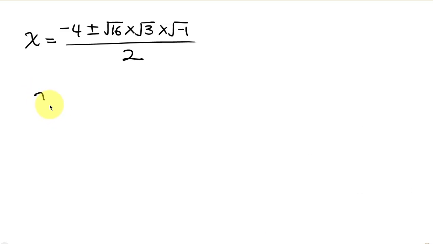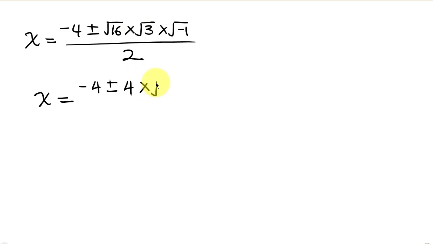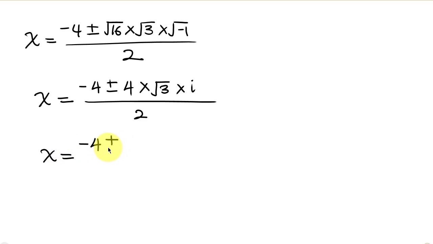So this becomes x equal to negative 4 plus or minus the square root of 16 is 4 times the square root of 3 and then times the square root of negative 1 is iota. So I'm going to be putting i there all over 2. So this becomes x equal to negative 4 plus or minus 4 times the square root of 3 times iota will give you 4 root 3i. Very good. All over 2.